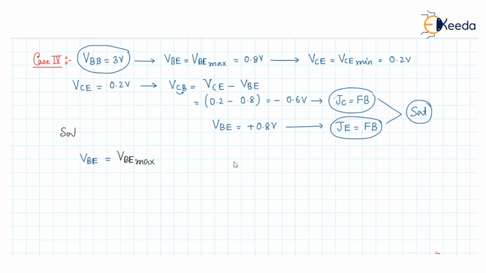So you can say that in saturation the base to emitter potential will be maximum and the collector to emitter potential will be minimum, and the IC current will have a maximum value and the base current will also have a maximum value.